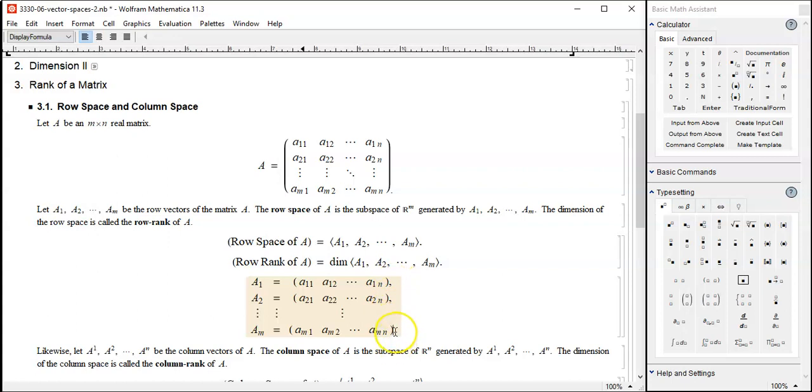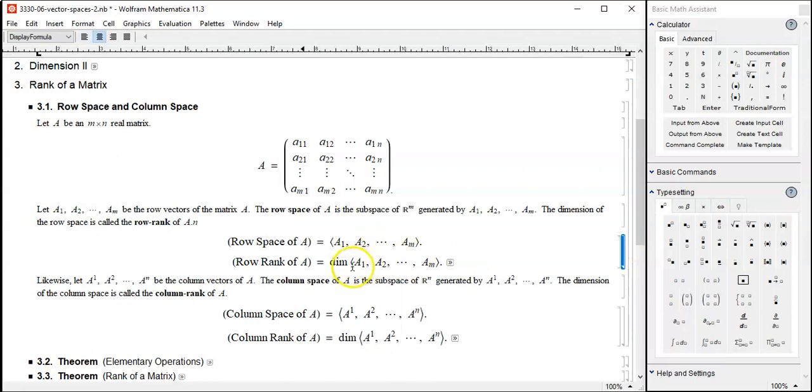M vectors, each coming from n-dimensional vectors, so this is wrong. Okay, each one has n real numbers, all right? And then the subspace generated by these m row vectors is called the row space. And then the dimension of this row space is called row rank.